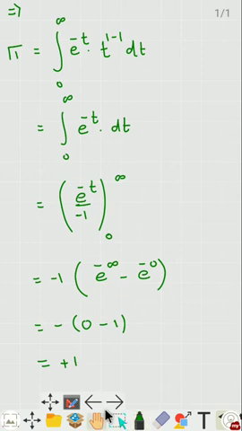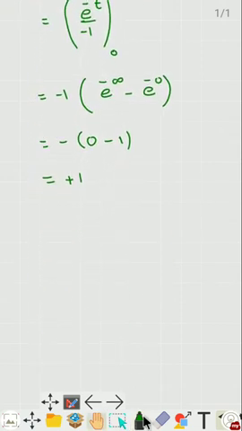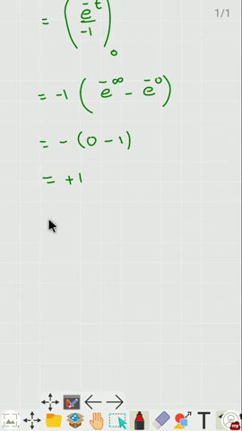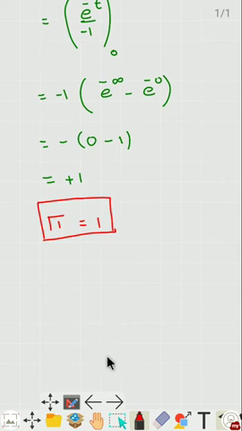Therefore the value of gamma 1 is equal to 1. So this is our first property of gamma function: the value of gamma n at n equal to 1 is 1.